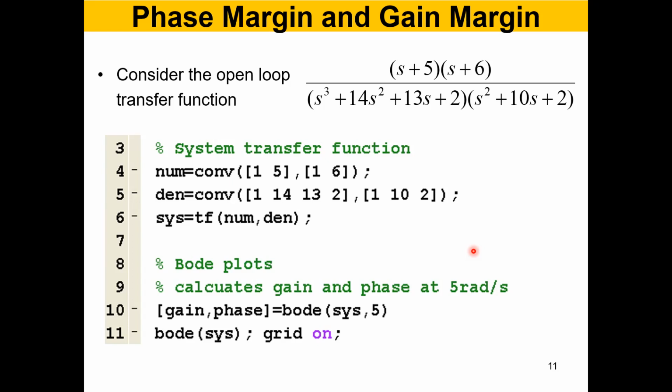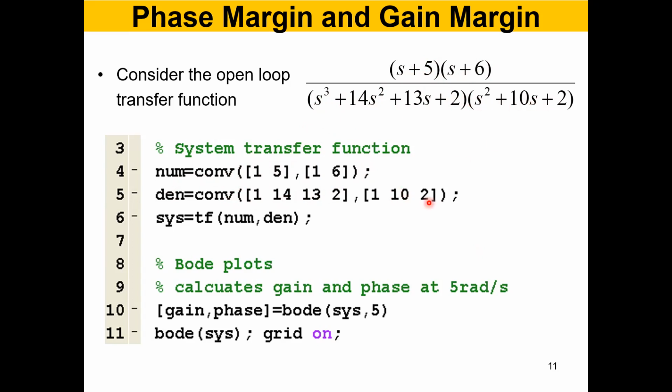So what we do is we open MATLAB and write this numerator. Our numerator is a convolution between [1 5] and [1 6]. So this is how we write it. One shot, we have it. Then the denominator, using the same convolution function, [1 14 13 2], and [1 10 2].